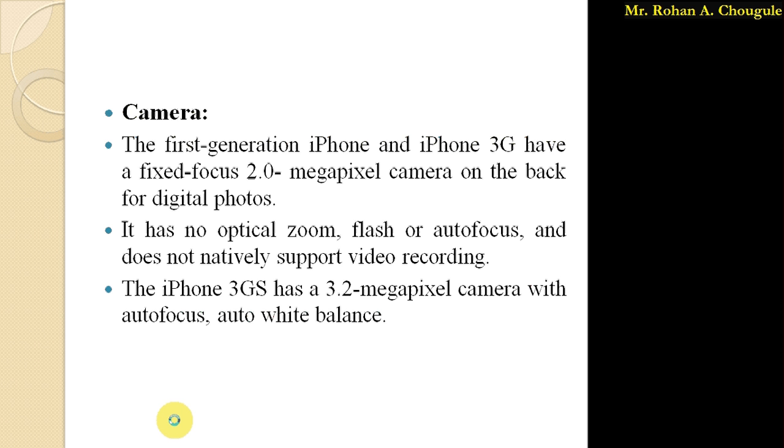The camera technology is also there. Initially the iPhone 3G had a 2 megapixel fixed focus camera on the back for digital photos. So the first camera technology invented for the iPhone was for the iPhone 3G, and it had a fixed focus. Now we have the autofocus camera.